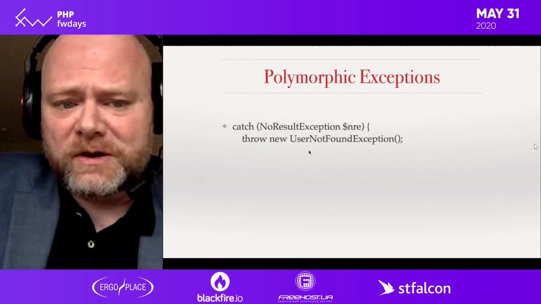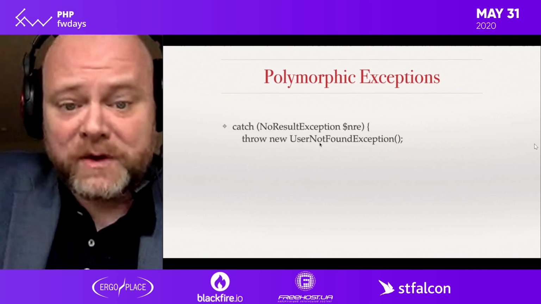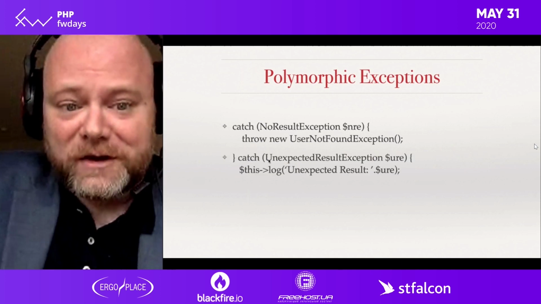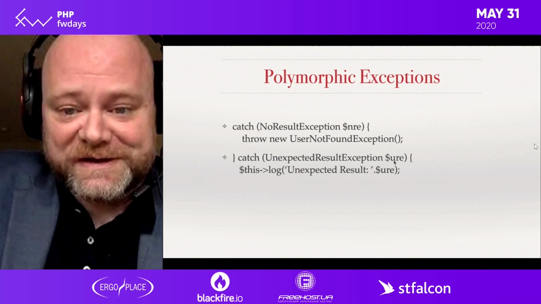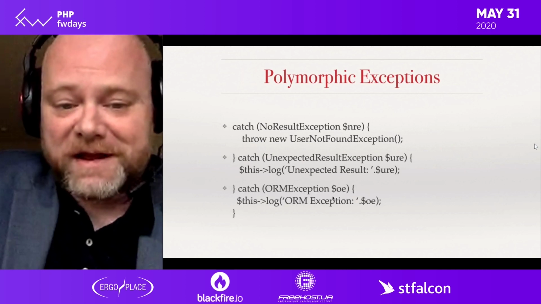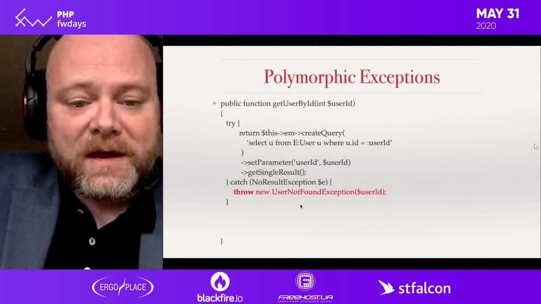And so in code, it could look like this, right? You could catch specifically a no result exception and throw a new user not found exception. And then as a fallback, you can catch unexpected result exception, and then you could log it. And then as a fallback, you can catch ORM exception and log it. That's one way to do things.